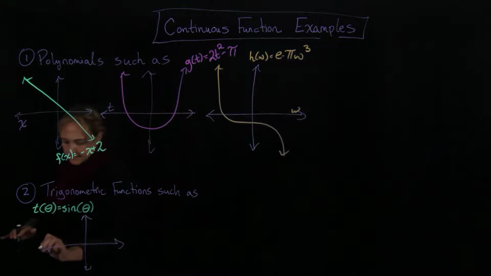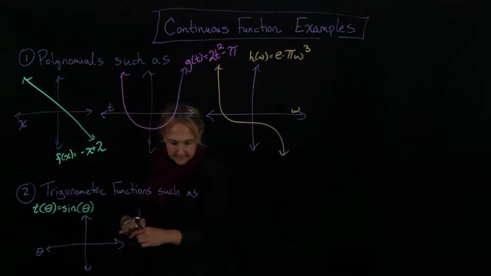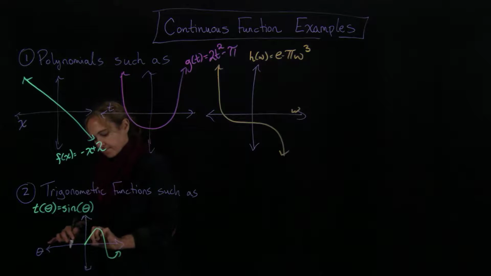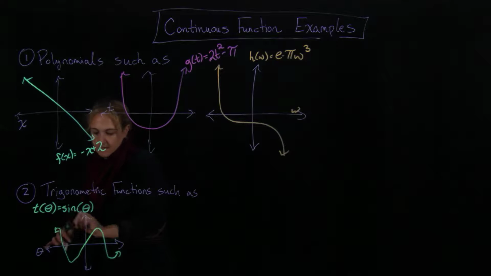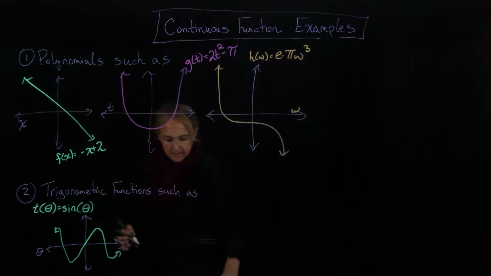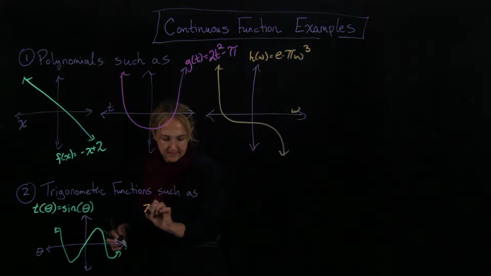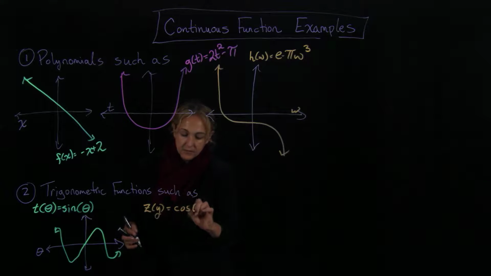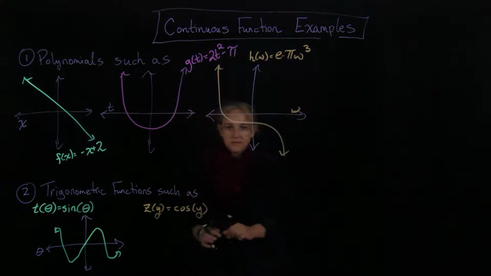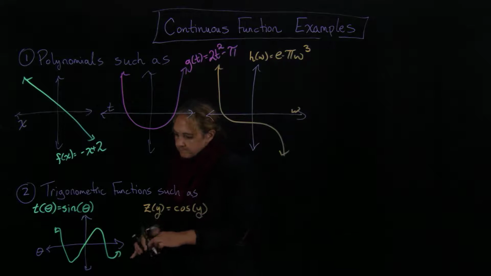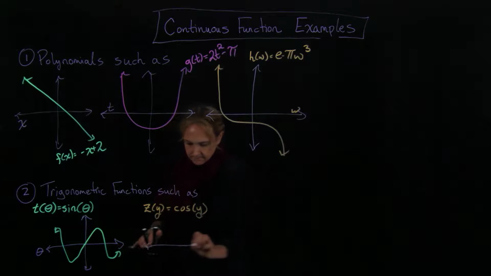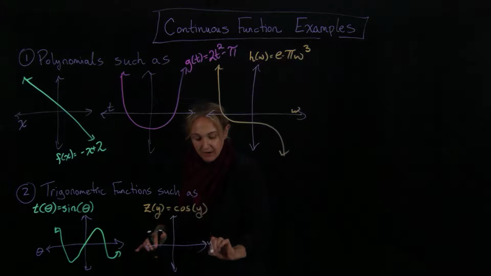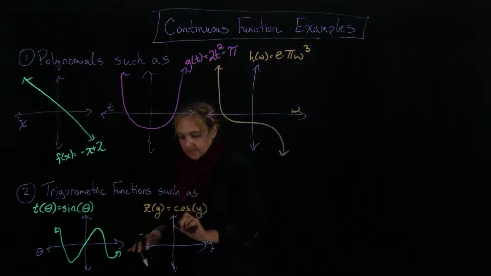This is now the theta axis, and it's going to look like this. I like mixing up my variables so that you get used to understanding that variables aren't always x and y. Now our input is actually our y.